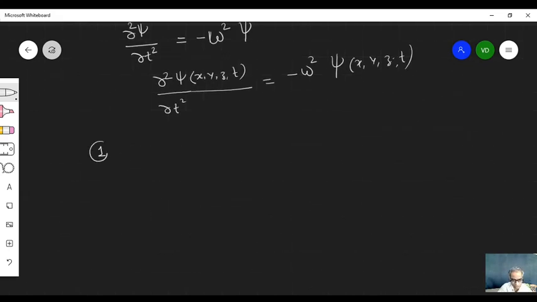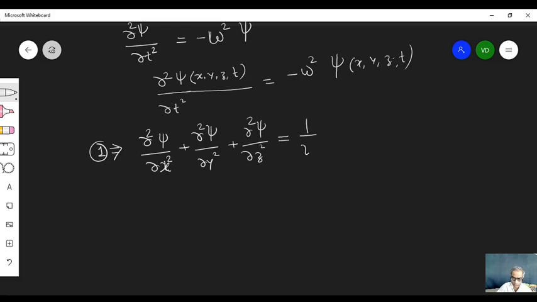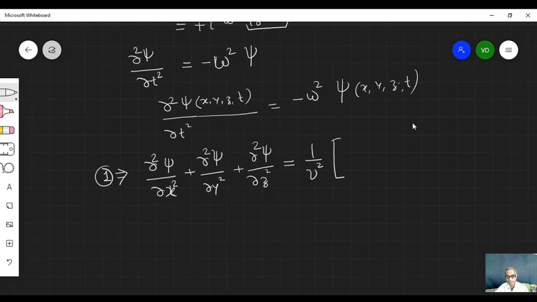Equation 1 implies, the left hand side remains as it is, del 2 psi by del x square plus del 2 psi by del y square plus del 2 psi by del z square, which is equal to 1 by v square, where v is the velocity of the wave, into del 2 psi by del t square. Now we know the value of del 2 psi by del t square, which is equal to minus omega square psi.